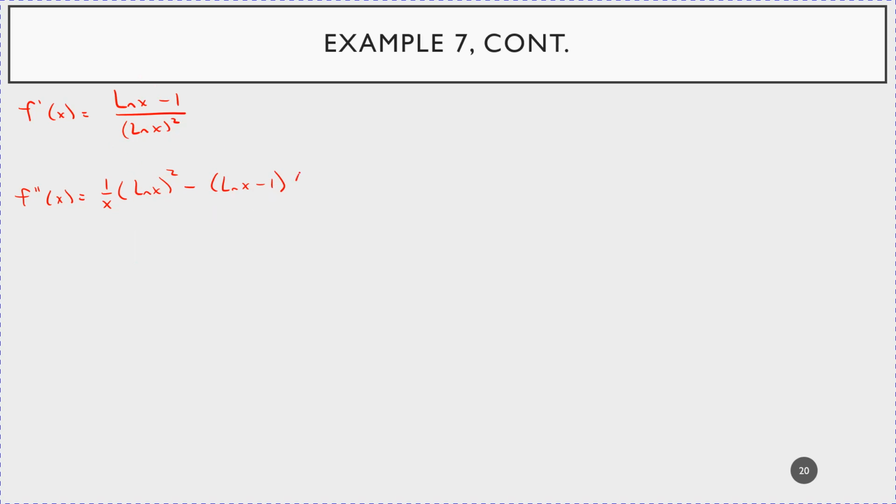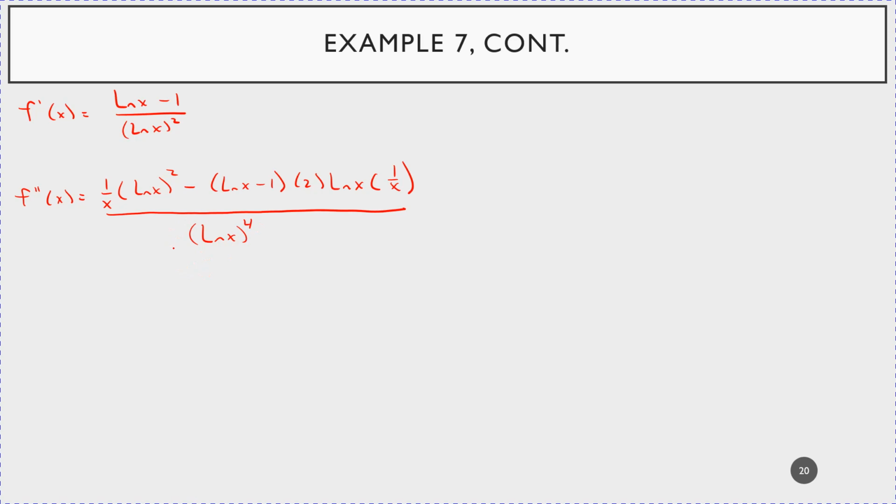So bring the 2 down, I have ln of x, and then you have to find the derivative of the inside, which is 1 over x. Which is a lot going on, all over this squared. So ln of x squared becomes ln of x to the 4th power.